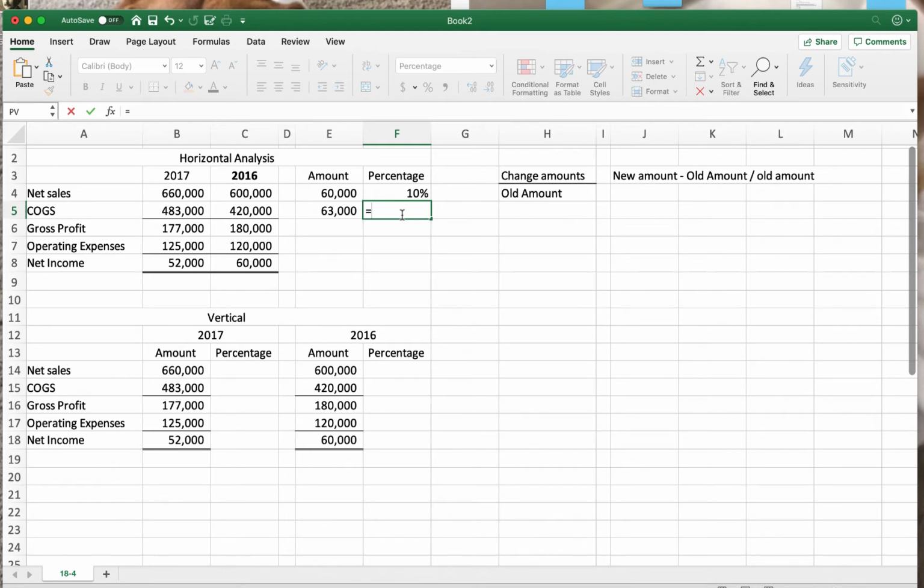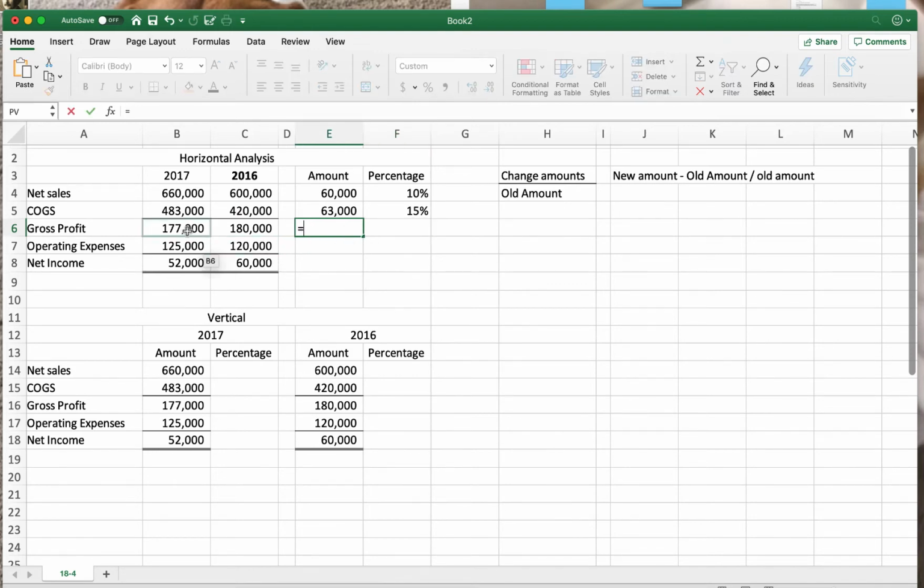Well, we already have that, so we could just take that 63,000 and then divide it by the old amount, the 2016 base cost of goods sold. We get 15%.